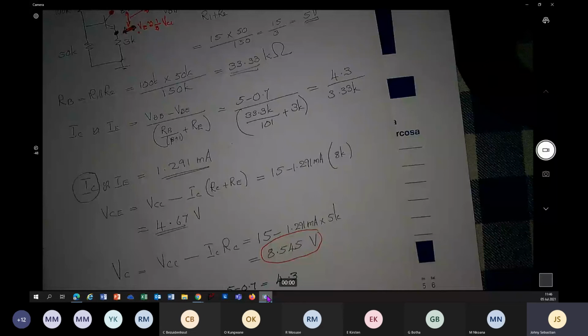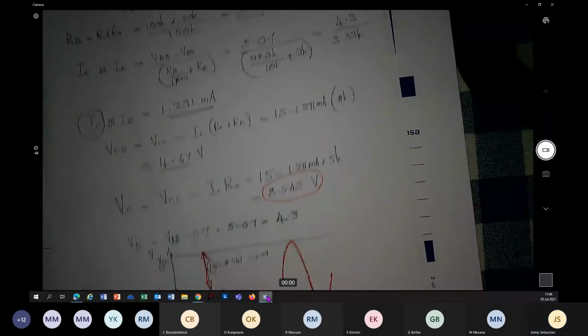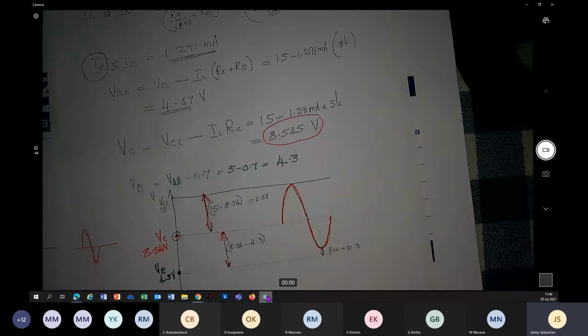So this is about signal swing. It's not that highly critical, but it must give you a fairly good understanding of how a BJT is operating.